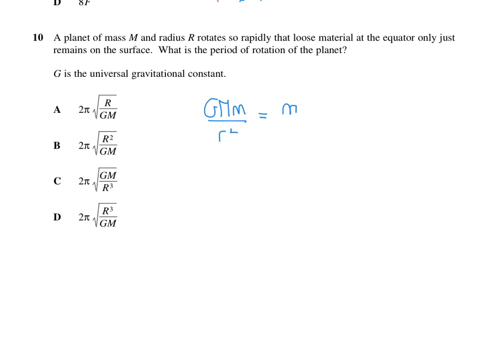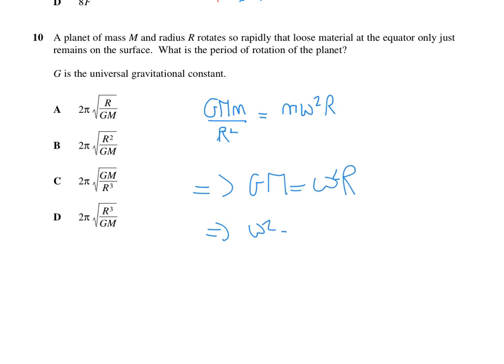This looks like we've got a 2 pi in there, so omega squared r. Actually, let's be consistent with our uses of r. So we know that GM is omega squared r.